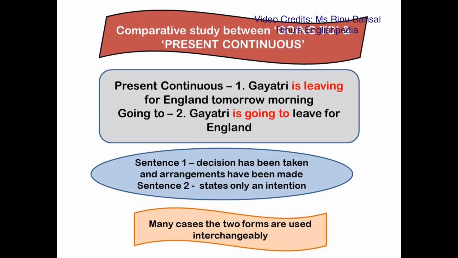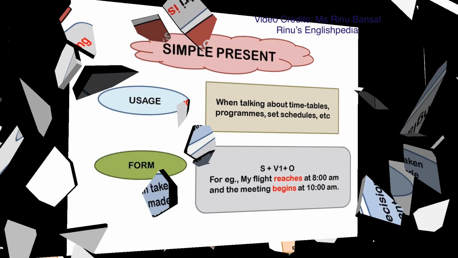In sentence 1, the decision has been taken and the arrangements have been made, and therefore we will use the present continuous form of the verb. In sentence 2, it only states an intention and therefore we use the going to form. However, in many cases, both the two forms are used interchangeably.